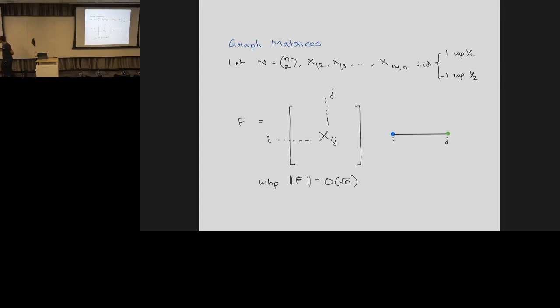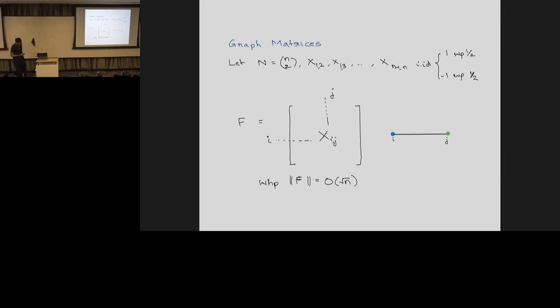For a reason that will become clear, I'll think of it as the graph matrix corresponding to this very simple graph, which is an edge. It's relatively easy to check that the spectral norm of this matrix is about root n.